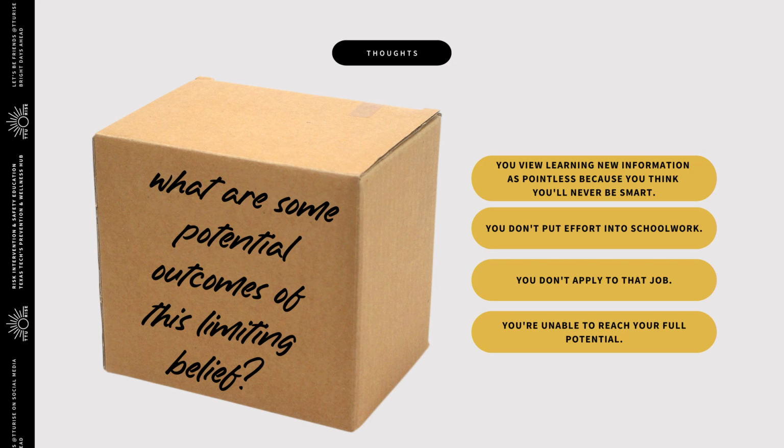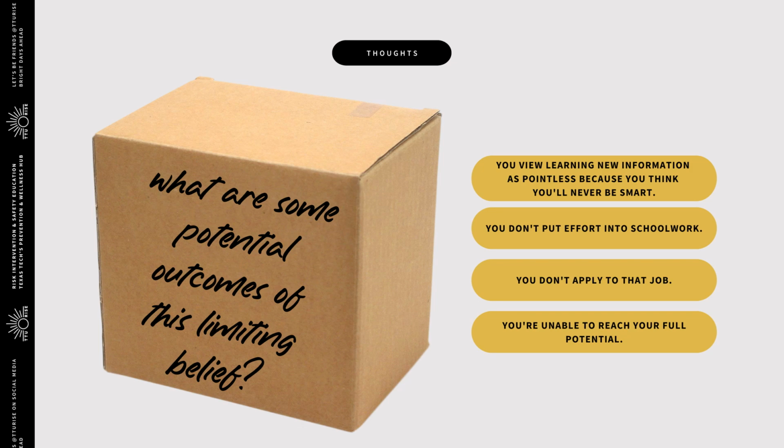So another outcome is you don't put effort into schoolwork. Maybe you see that there's no point or that it's hopeless. You don't apply to that job. So having these limiting beliefs can prevent you from taking risks and taking steps that could further your ambition or your career or your schooling, whatever that might look like for you.